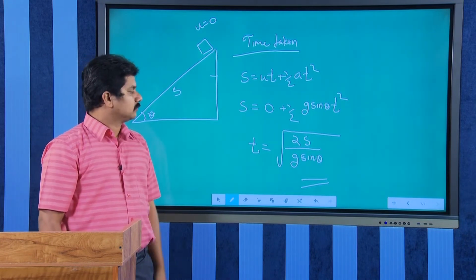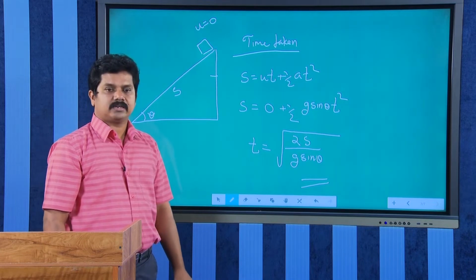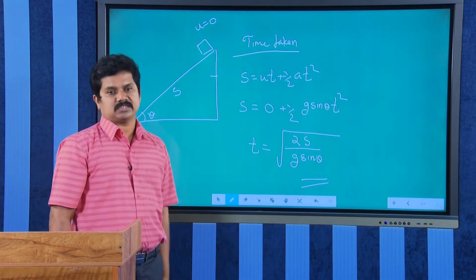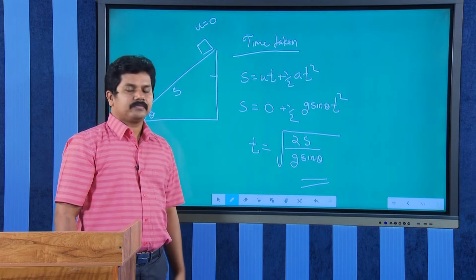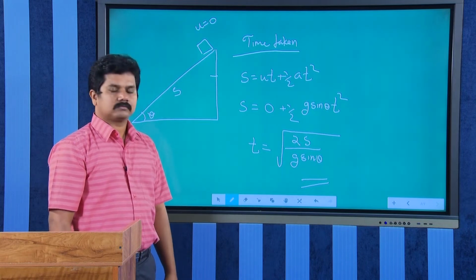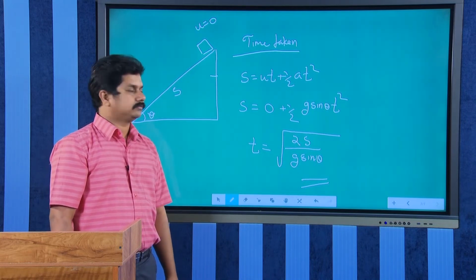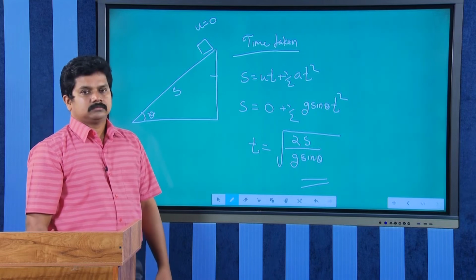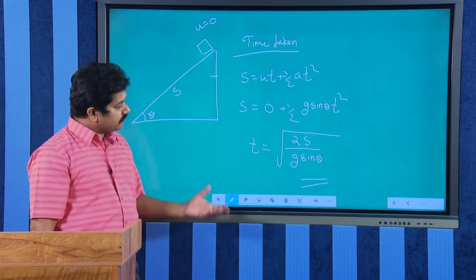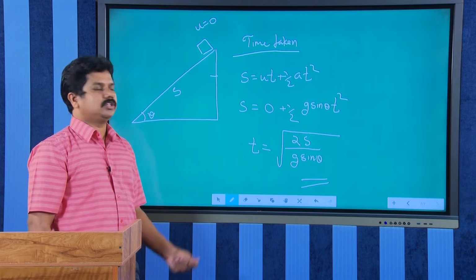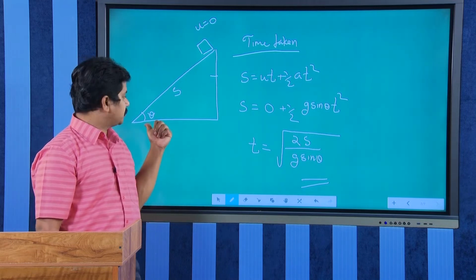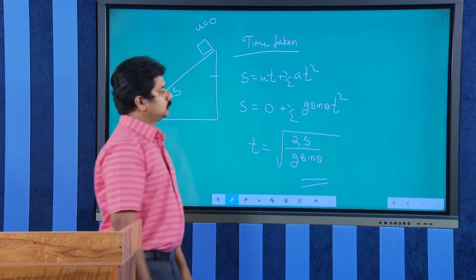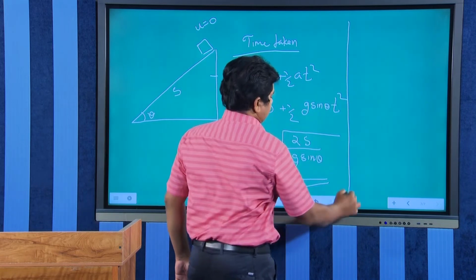2 s by g sin theta, root of 2 s by g sin theta, where g sin theta is the acceleration. In the same way, we can find the velocity of the block while reaching the bottom. So, how do we find the velocity?